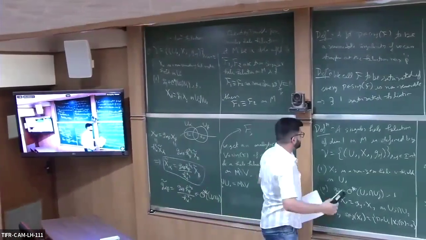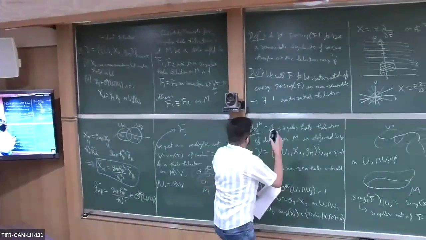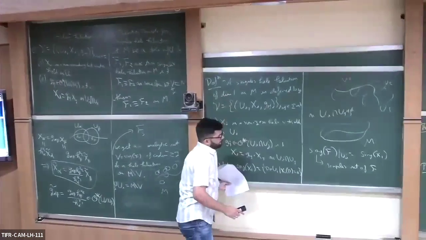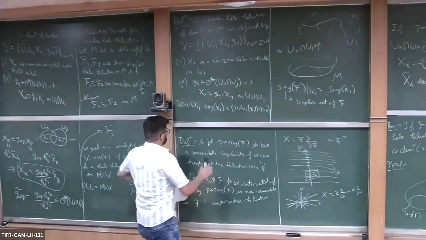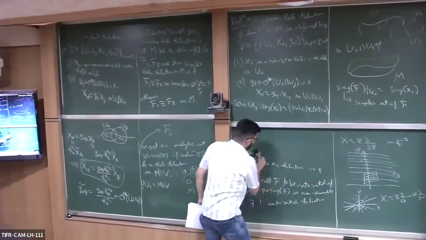The first step would be the same as we did for the identity principle for non-singular foliation.